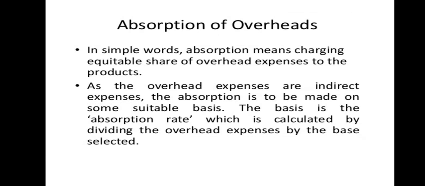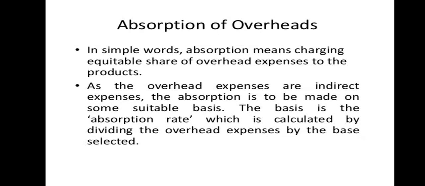Okay. Next, as the overhead expenses are indirect expenses, the absorption is to be made on some suitable basis. The basis is the absorption rate, which is calculated by dividing the overhead expenses by the base selected.